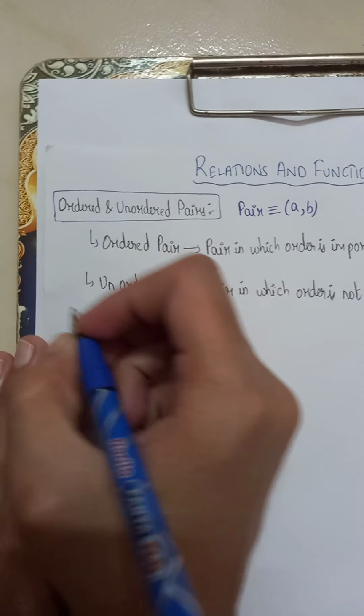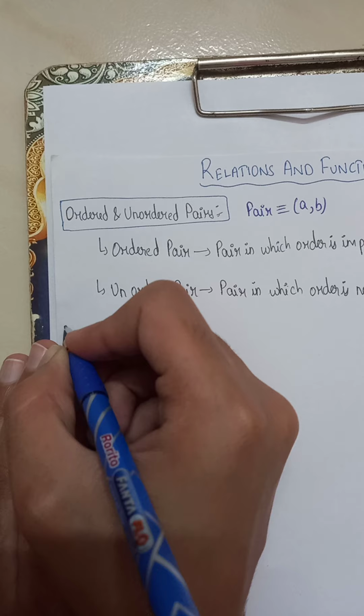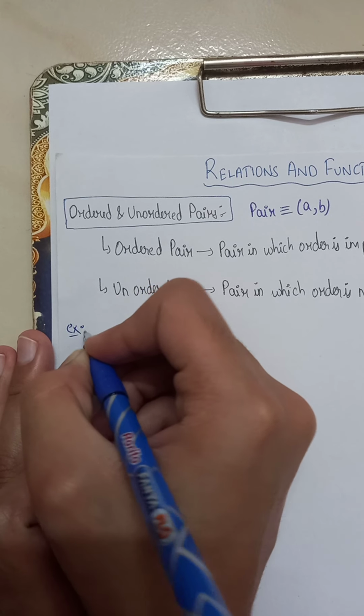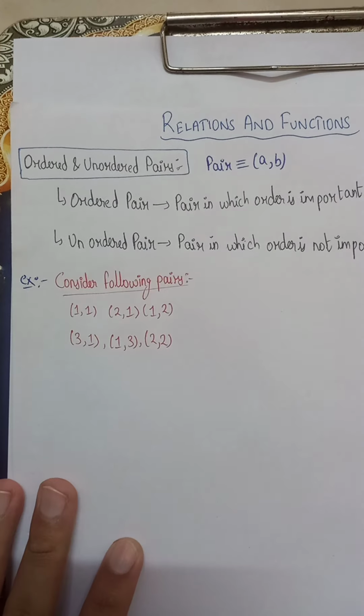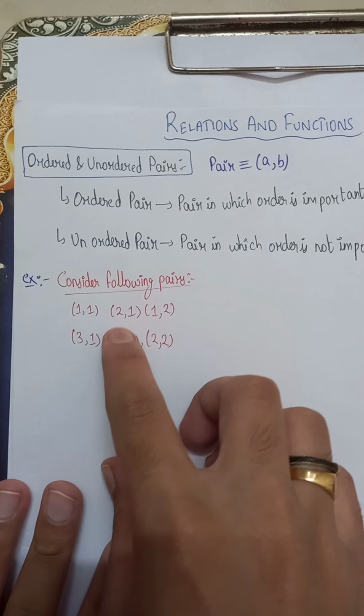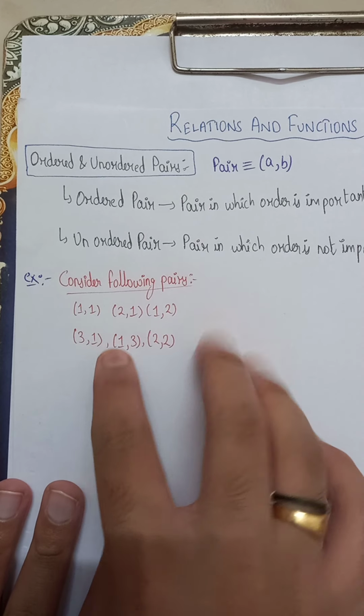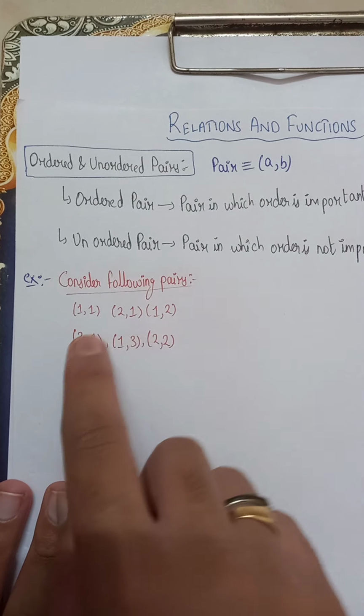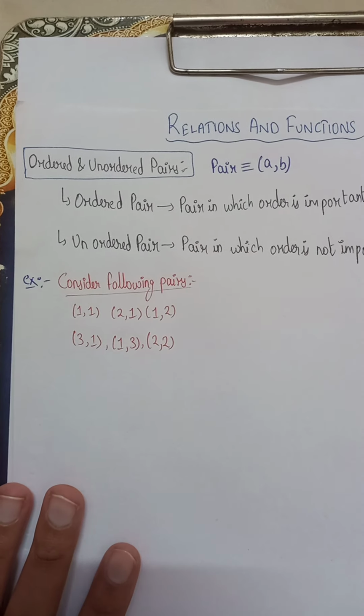So now let's do some examples. Consider the following pairs: 1 comma 1, 2 comma 1, 1 comma 2, 3 comma 1, 1 comma 3, and 2 comma 2.